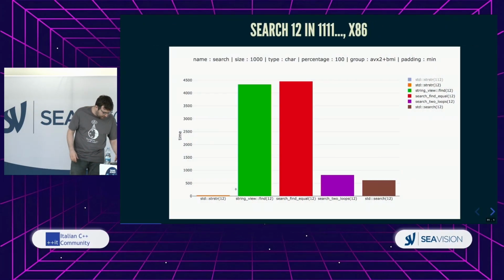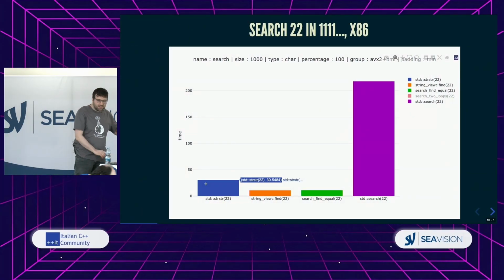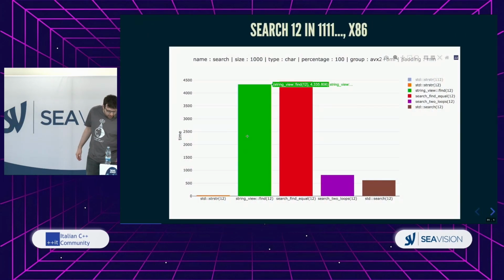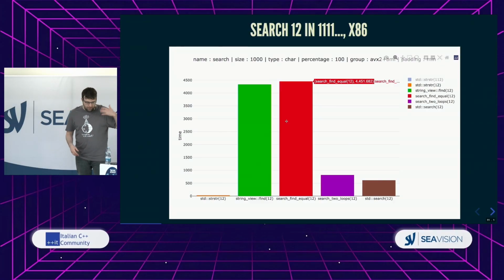And in fact, this is strstr for the other case. So when we search for 12, this is 30 nanoseconds. So the first character is common. And this is still 30 nanoseconds. So strstr did not lose any performance. But let's look at the other ones first. So string view find and search find equal are awful, as we discussed.